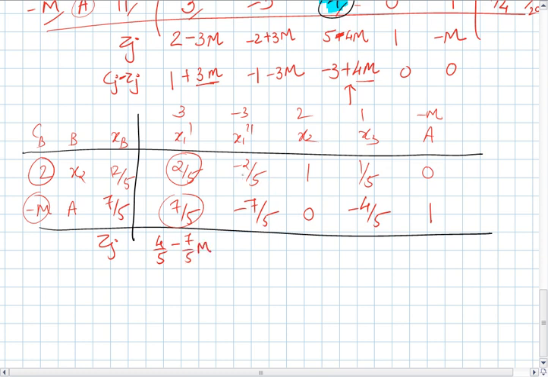Then 2 times minus 2 is minus 4 by 5. Then minus m times minus 7 by 5, so plus 7 by 5 m. Then here it is 2 times 1 is 2, 2 times 1 by 5 is 2 by 5, and minus m times minus 4 by 5, so plus 4 by 5 m. And here 2 times 0 is 0 and minus m times 1 is minus m.